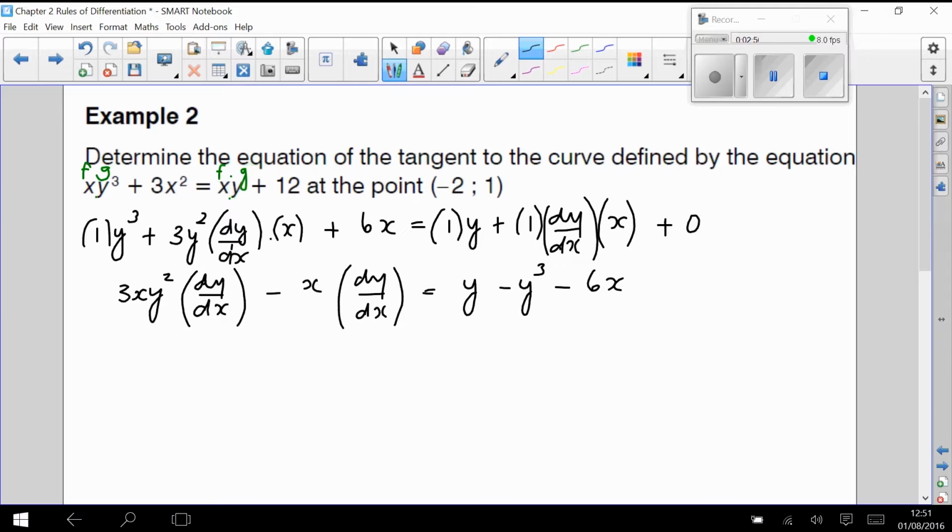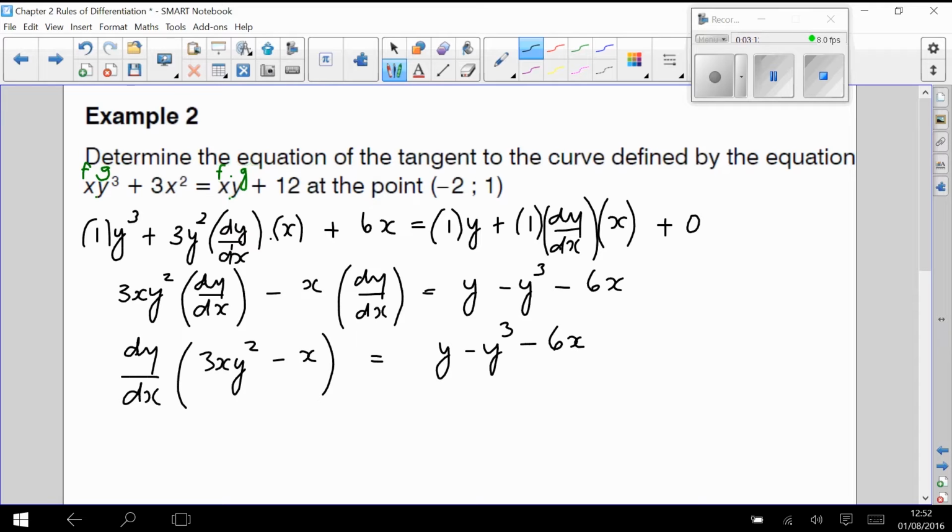In my next step, I'm going to take dy by dx out as a highest common factor on the left-hand side. If I do this, then I'm left with a bracket factor of 3x y squared minus x. And that's still equal to y minus y cubed minus 6x.